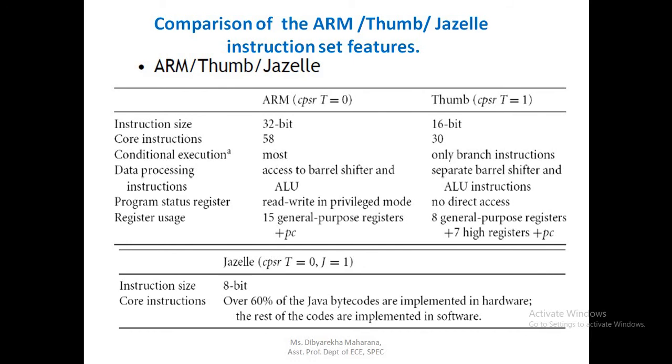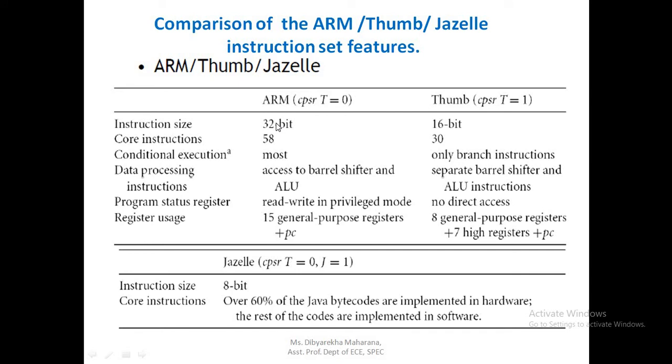Here we can see the comparison of ARM, Thumb and Jazelle instruction set features. The comparison is based on the instruction size, core instructions used, conditional execution, data processing instructions, program status register and registers used. Here you can see when the processor is in ARM state, at that time the T bit is 0.